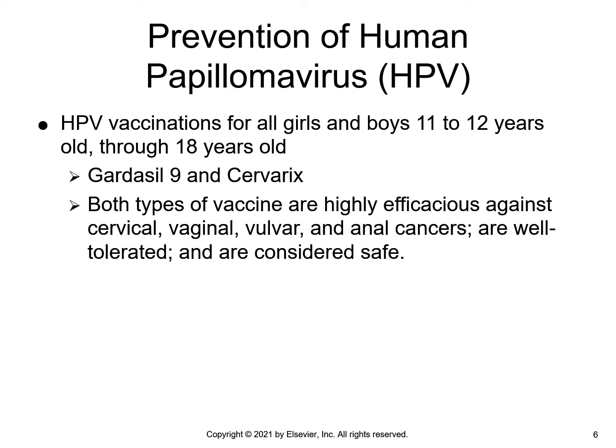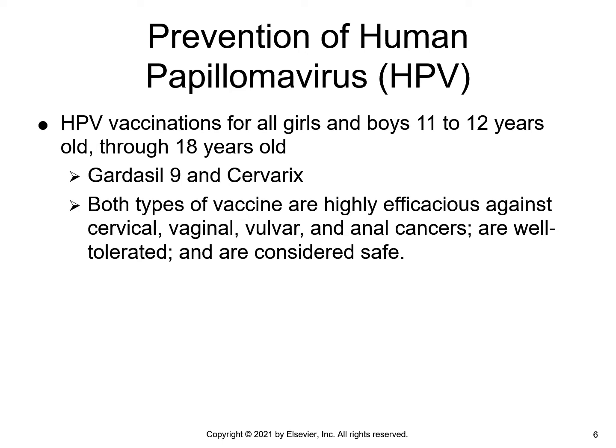Gardasil 9 provides protection against HPV types 6 and 11, which cause genital warts, and it will also protect against HPV 16 and 18, the cancer-causing strains. Cervarix, another HPV vaccine, provides protection against HPV types 16 and 18 only.